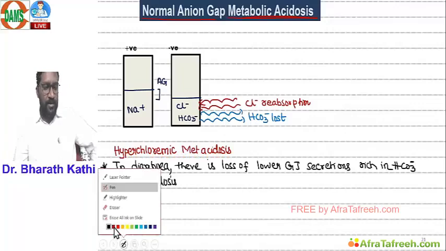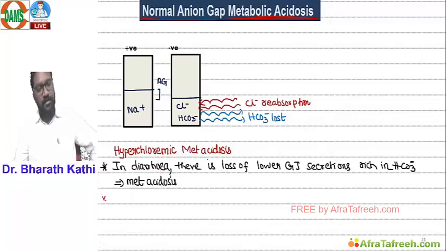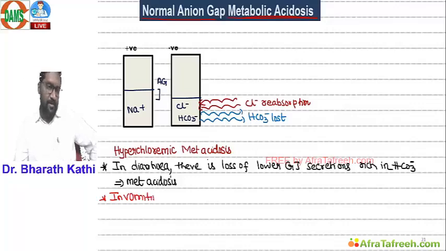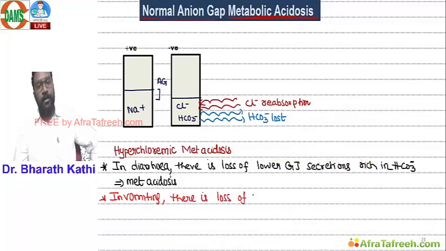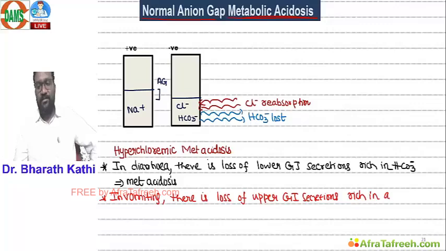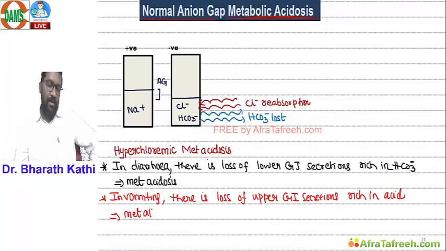Opposite to diarrhea is vomiting. In vomiting, what is the acid-base disorder? There is loss of upper GI secretions rich in acid. Your upper GI is full of acid. There will be metabolic alkalosis.